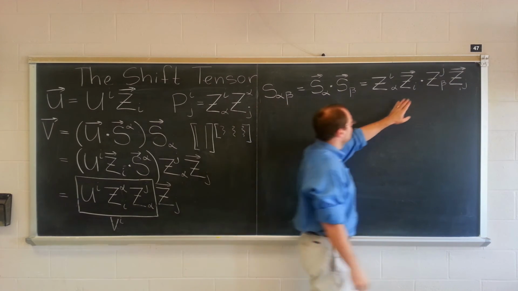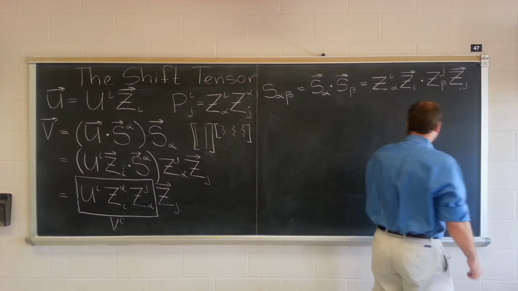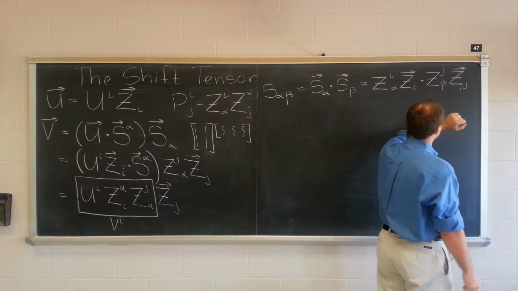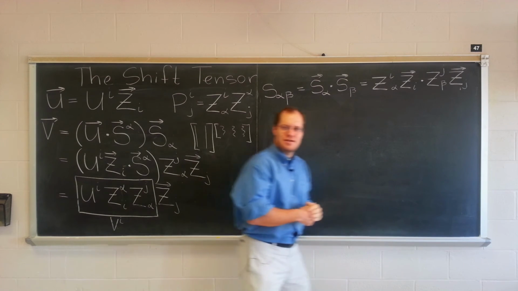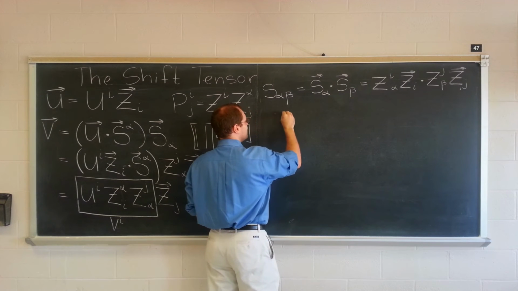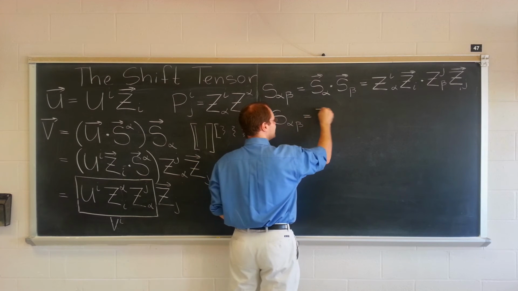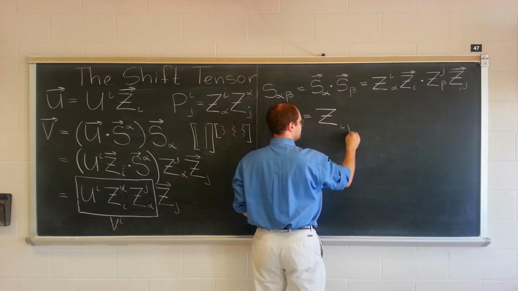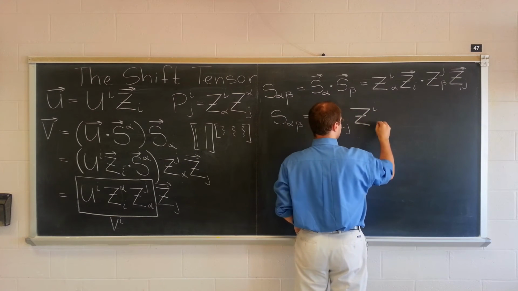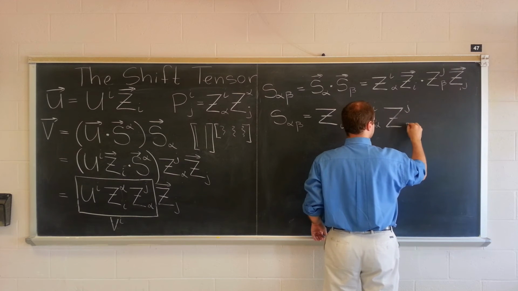And what we see here is Zi dotting Zj, which of course is Zij, the metric tensor in the ambient space. So the result is, I might as well summarize it here. S alpha beta is Zij, the covariant metric tensor in the ambient space, Zi alpha Zj beta.